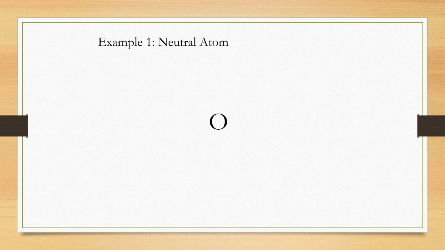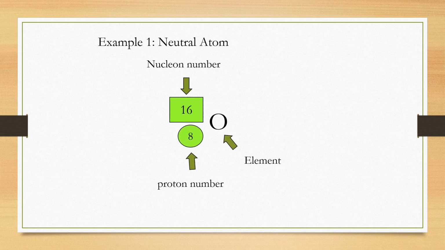Example 1. Neutral atom of oxygen. Oxygen has 16 nucleon number and 8 proton number. Oxygen, since it is a neutral atom, has no charge.